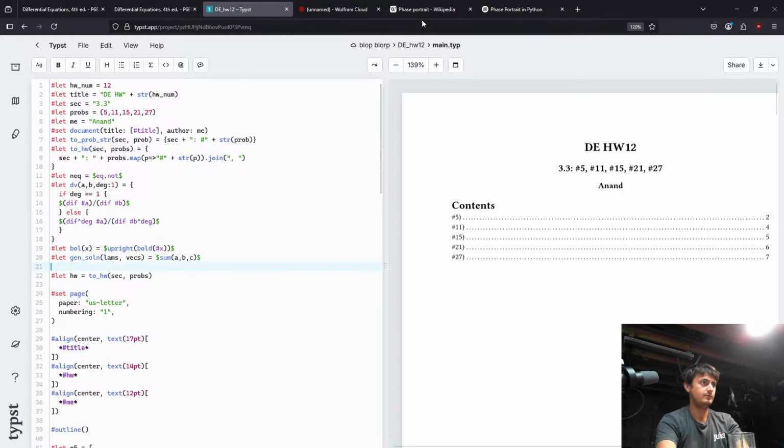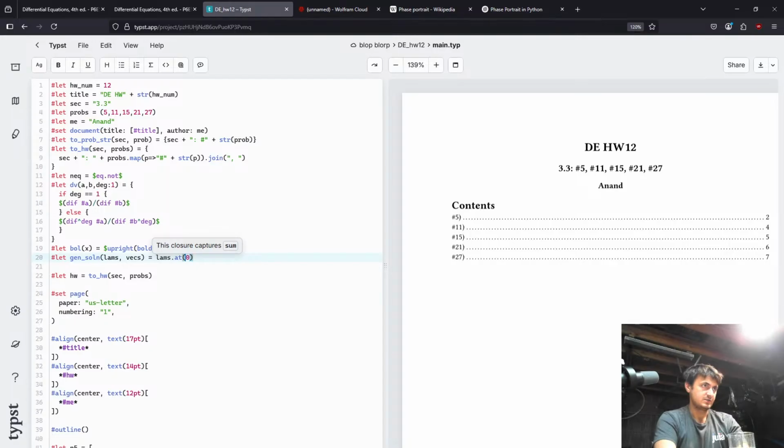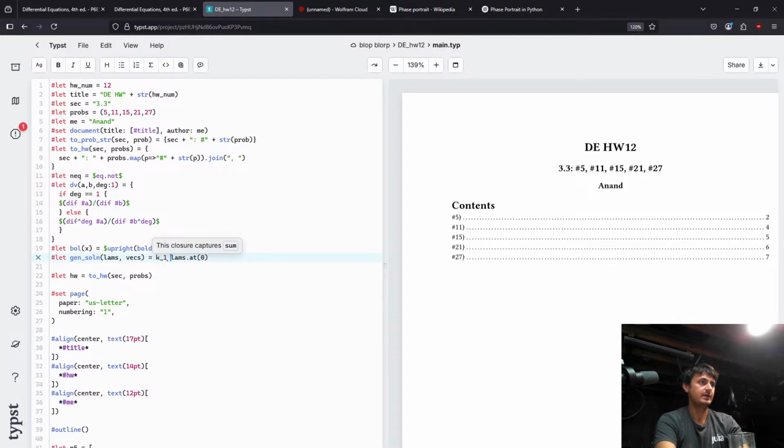For right now, let's just do this. I think you have to do lambs.at(0). So it's going to be a generic K1, oh wait, we need to put this in math, and that's going to be an e to the... Oh wait, this is up here.